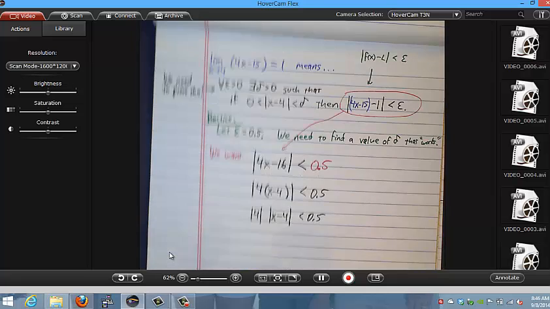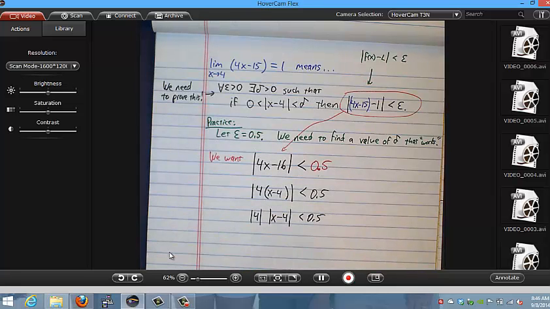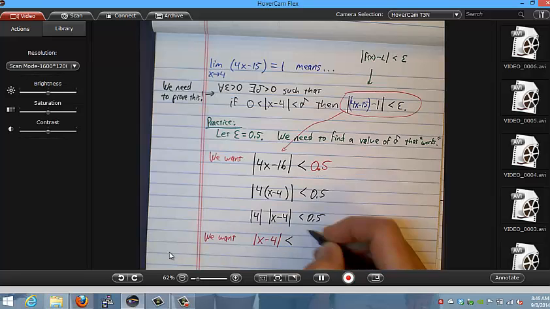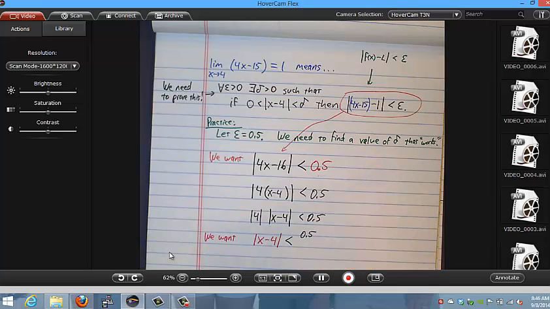So check this out. What is it that we really want? We want the absolute value of x minus 4 to be less than 0.5 divided by what? Divided by 4. Okay. Back to the definition. Notice what it says.